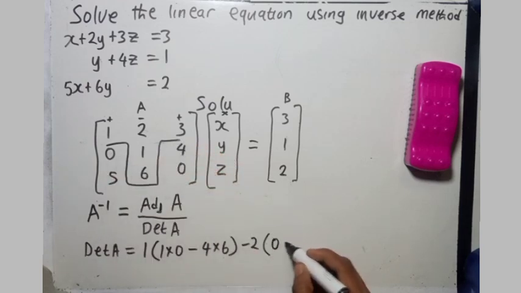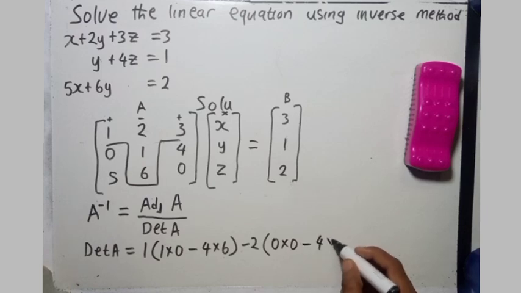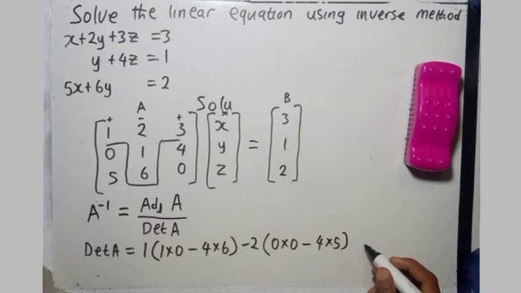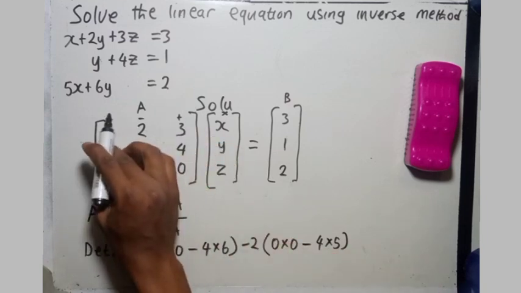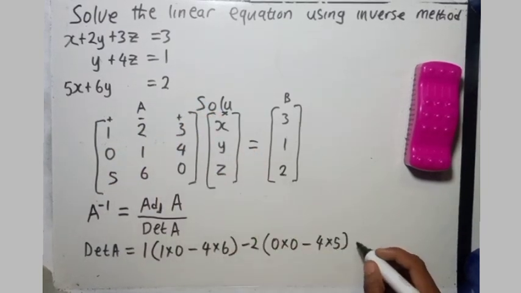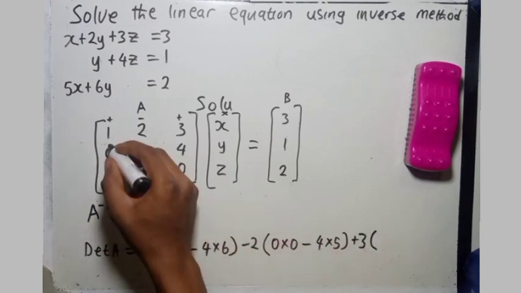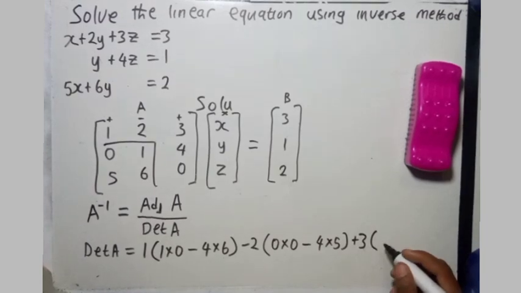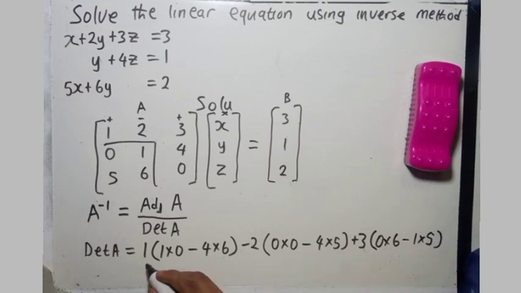So it will be 0 times 0 minus 4 times 5. Then for the last, or the third column, we'll be having plus 3 outside, and selecting this 2 by 2, we'll be having 0 times 6 minus 1 times 5.